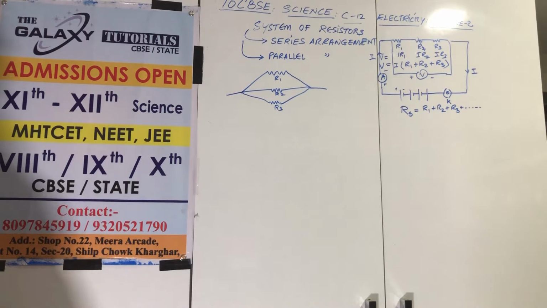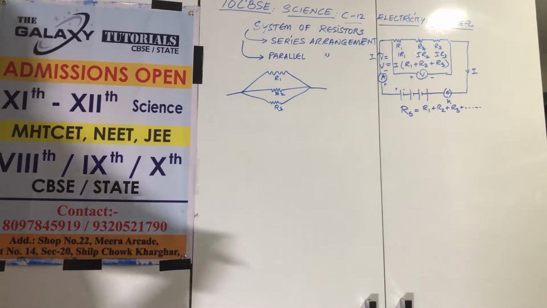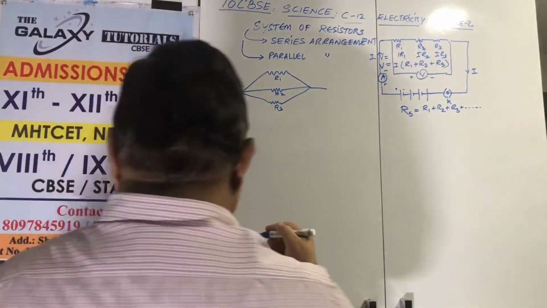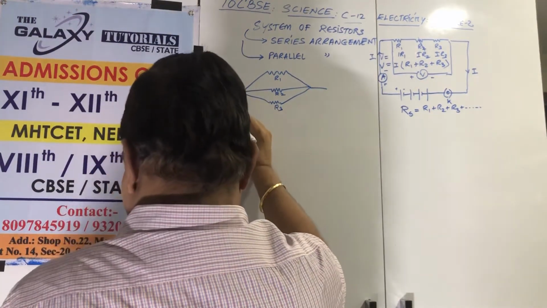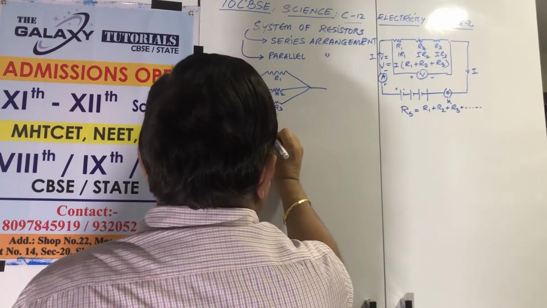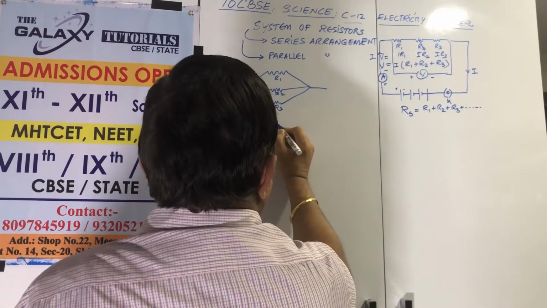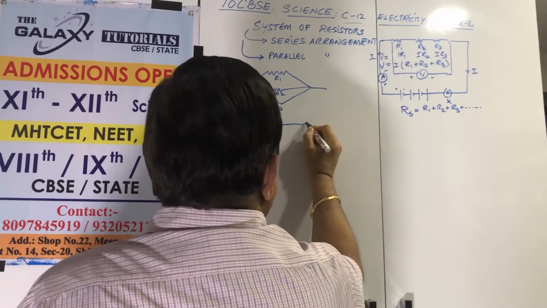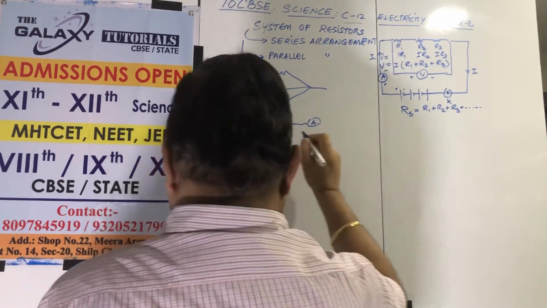See the difference? In series, one is behind the other; here all are attached simultaneously. We'll complete the same circuit, because your diagram will be required. So I'll have plus, minus, just show 1 or 2 or 3 batteries, and I will have an ammeter, you can keep it here also, no problem.